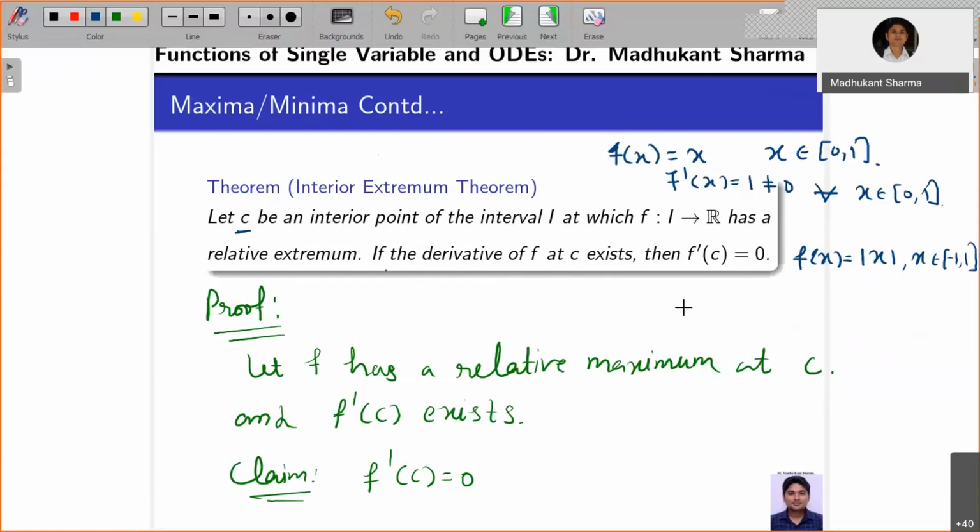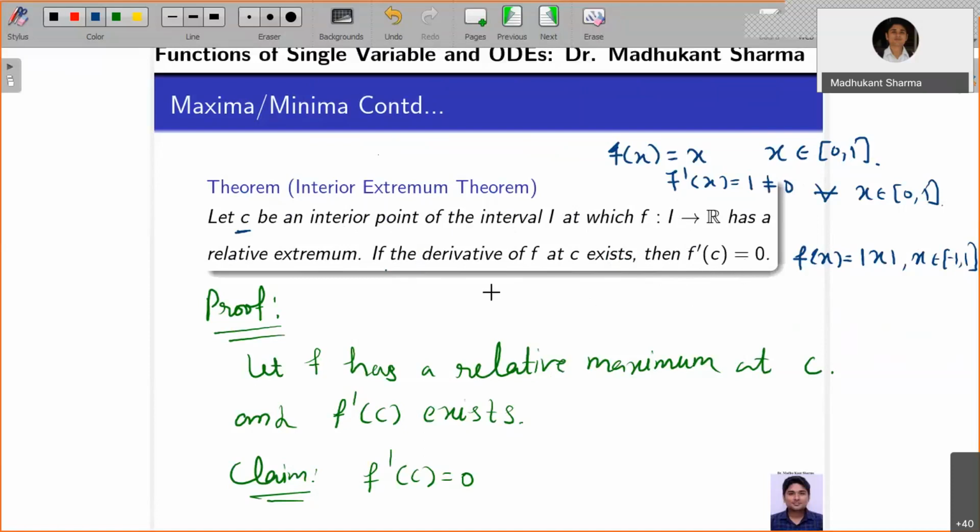So when you are trying to solve a problem for maxima and minima, in other words, identify the relative maximum and relative minimum values, once you verify that the function is differentiable, you locate the points c such that f dash of c is 0.